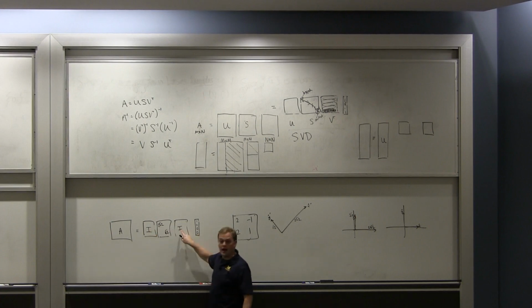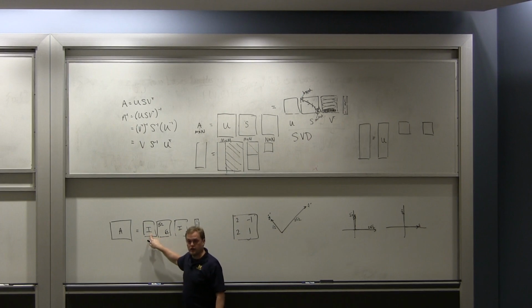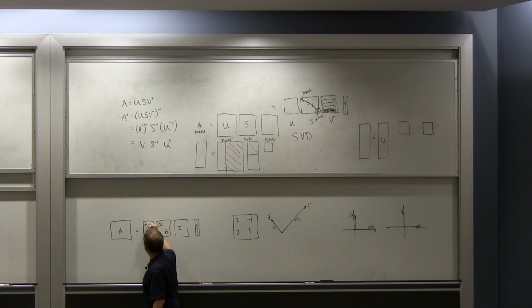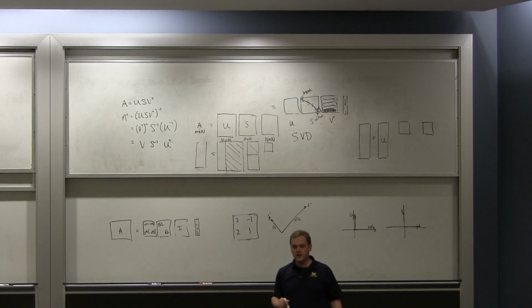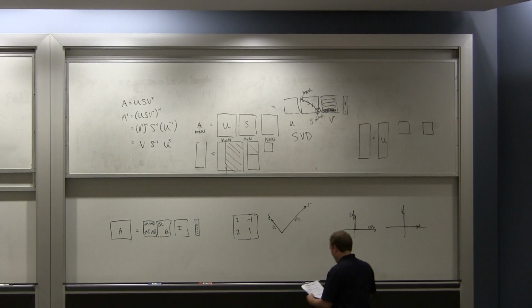And of course, this is going to be I, because I'm not using this guy just yet. And now I put in my rotation of 45 degrees, right, which is cosine 45, minus sine 45, sine 45, cosine 45. Right, there's your first non-trivial SVD worked out on pencil and paper. Feeling good? That's awesome, right? Okay, let's try another one.